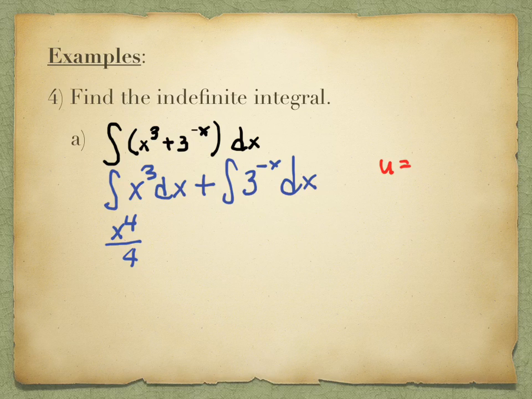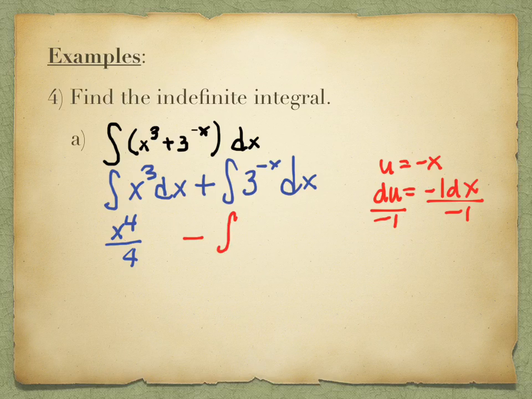So my u is negative x, right? What's the derivative of negative x? Negative 1 dx. I don't have a negative 1 in my problem, but I do now. I've got a negative integral of 3 to the u du.